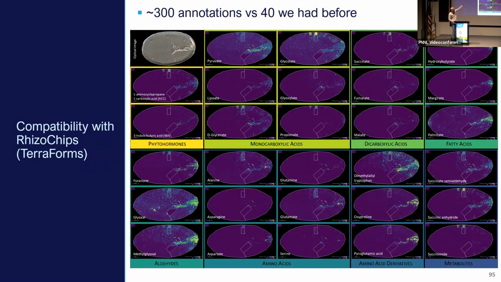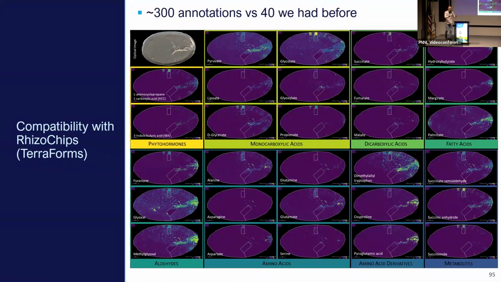Some of them, like glycolate, have really some hot spots that are away from the root, so maybe they carry information about some microbial activity that is going on. So really different types of molecules, from amino acids, derivatives, to dicarboxylic acids.